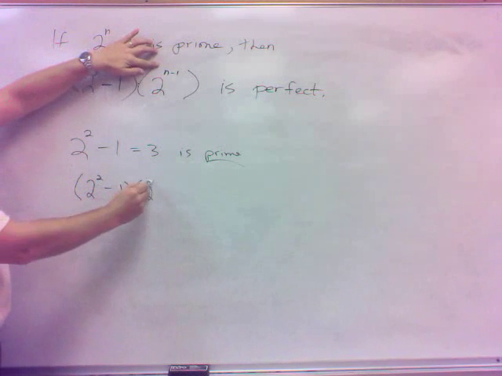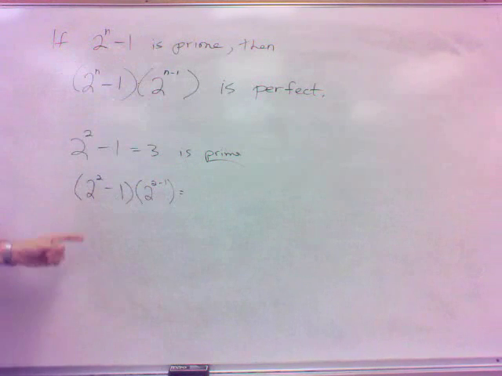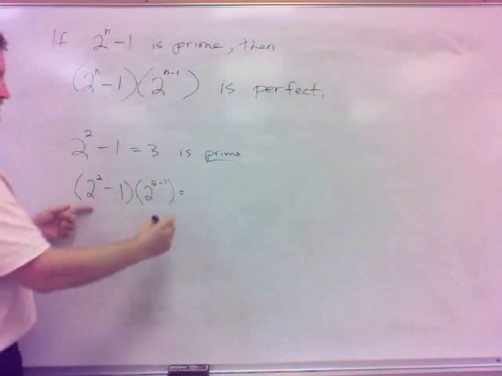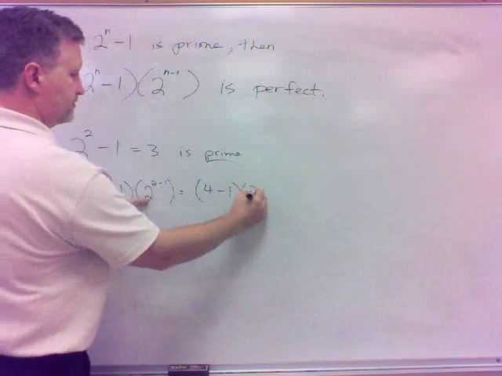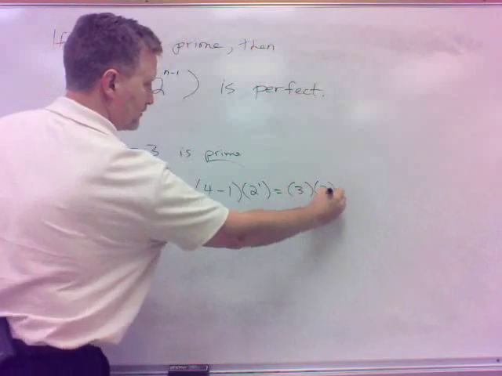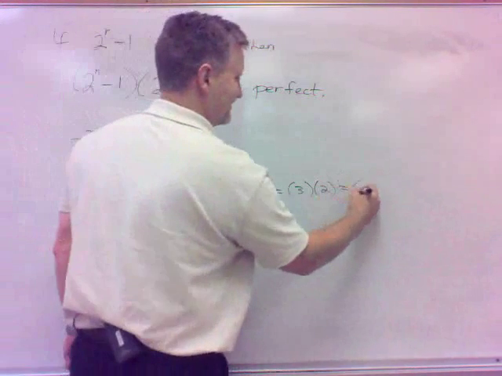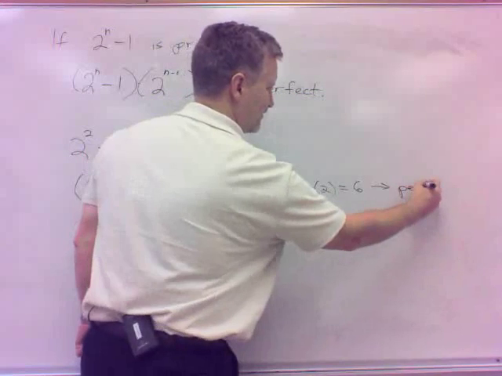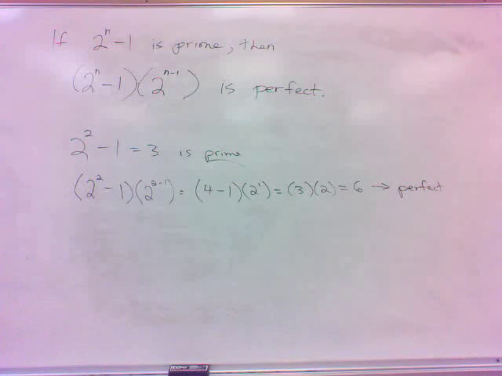So this would be 4 minus 1, of course that's 3, times 2 to the 1. That's 3 times 2. What is 3 times 2? 6. Which is perfect. How about that?